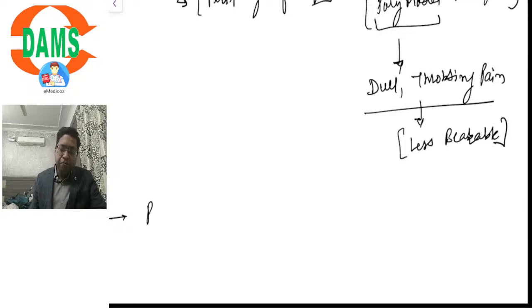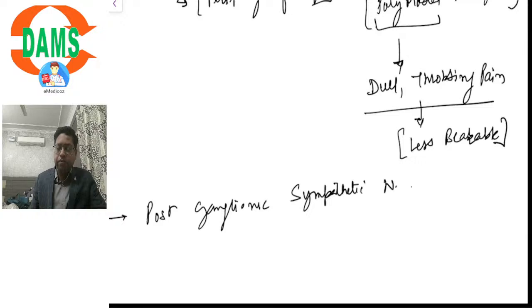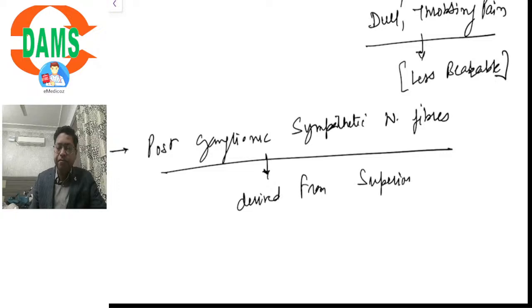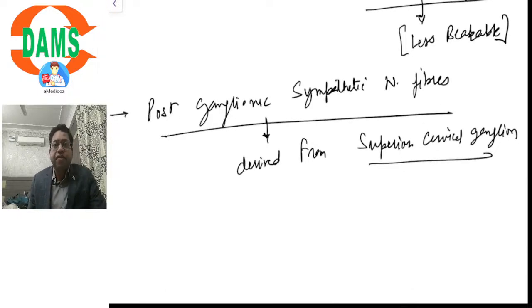Then we have postganglionic sympathetic nerve fibers. The second component of the innervation consists of postganglionic sympathetic nerve fibers, which are derived from superior cervical ganglia.